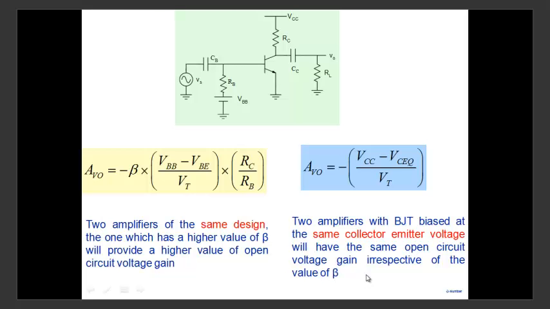So if two amplifiers are biased at the same bias point, the gain is independent of beta. So I'm asking you, does the gain depend on beta, or is beta not important? Both statements are true, right? Depending on how you write it, both are true.